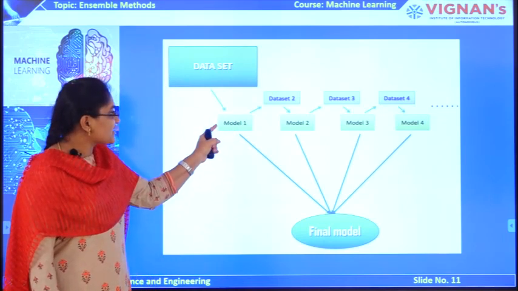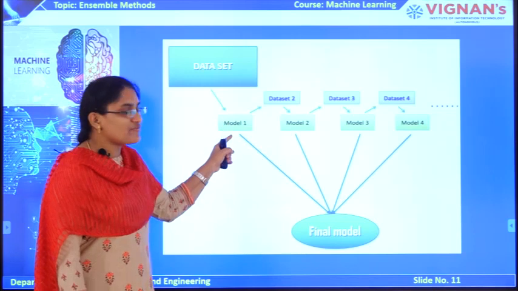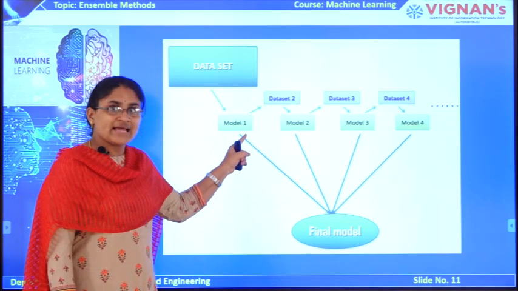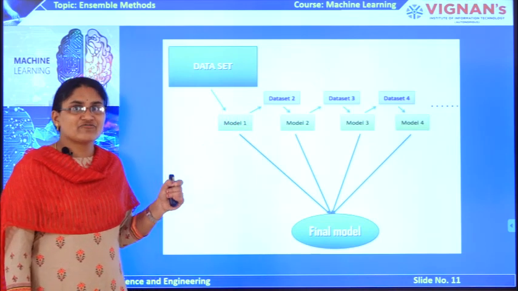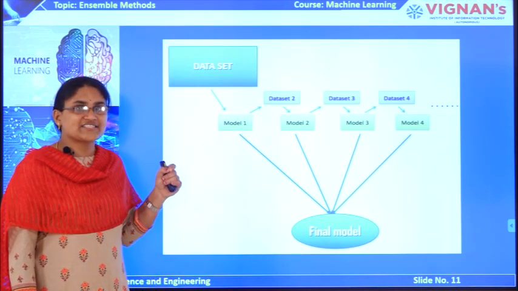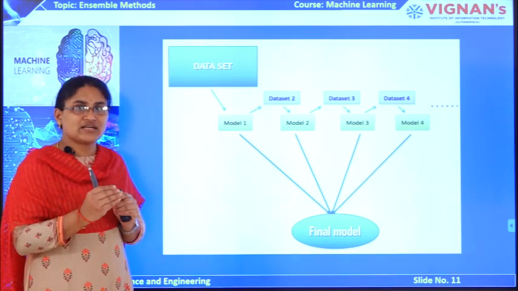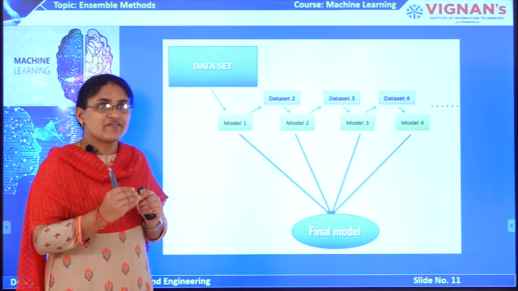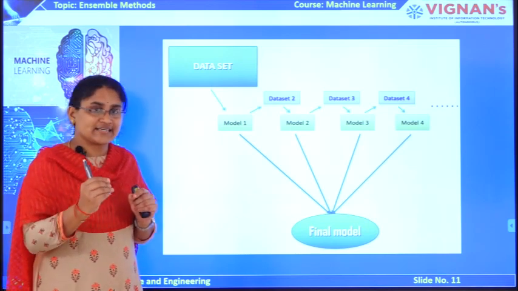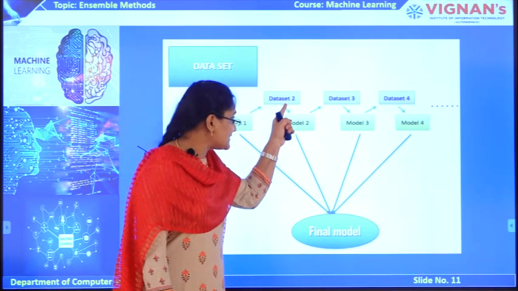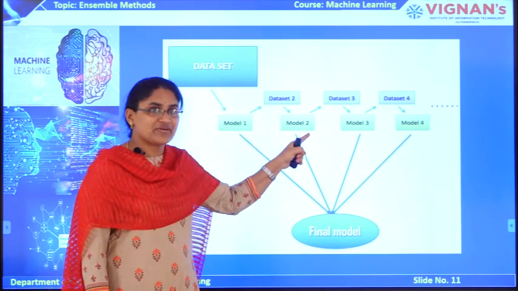After applying it, if we find any misclassified data points in this model, then we assign higher weights to those misclassified data points. After assigning the highest weights to those misclassified data points, we update the data set with them. Then we apply that data set to the next base classifier.